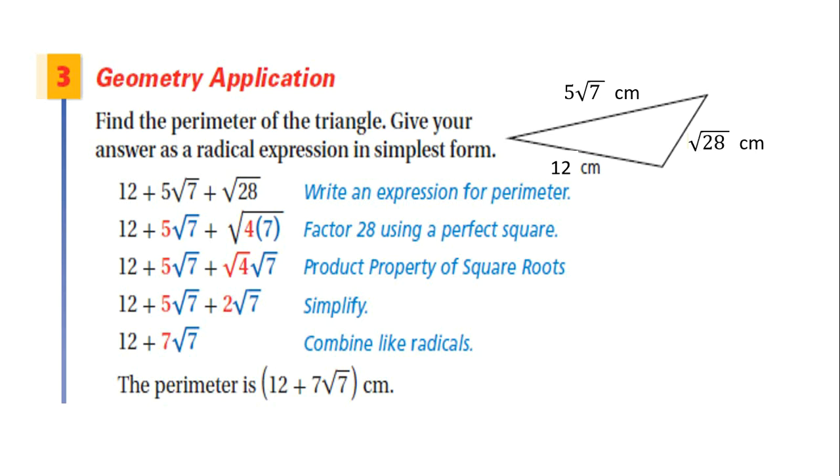12 is a whole number, can't be simplified more, so it will be 12 in the whole steps. The second one, 5 radical 7. 7 is a prime number, can't be factored more, so we write it in the whole steps as it is.